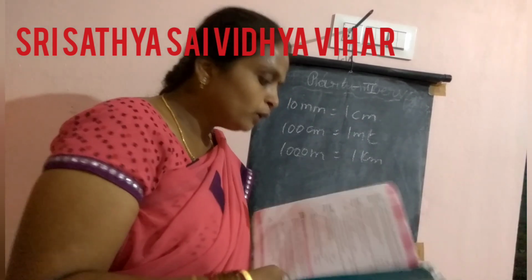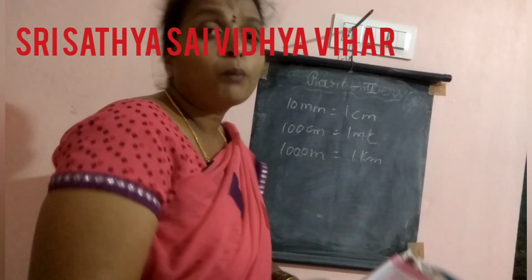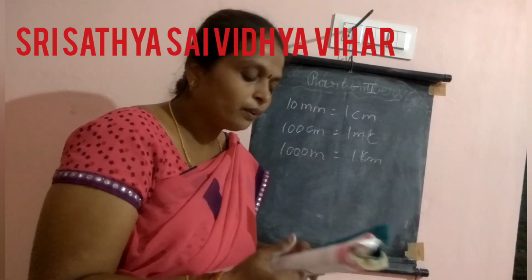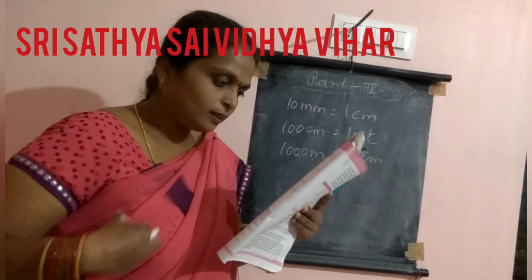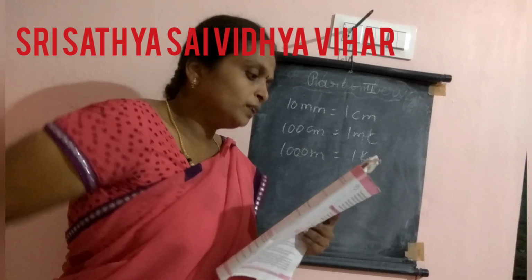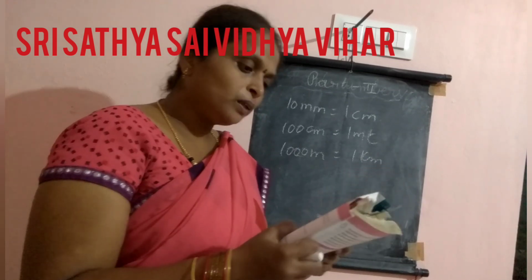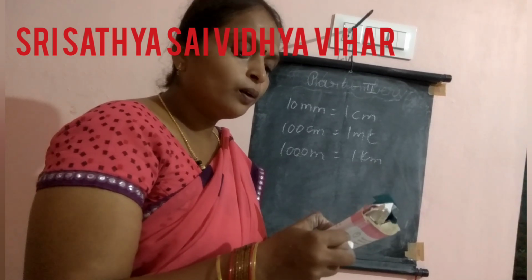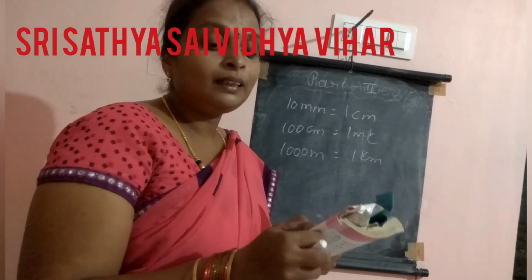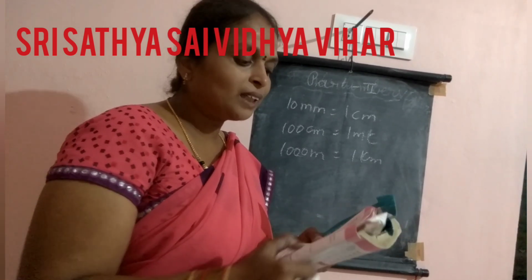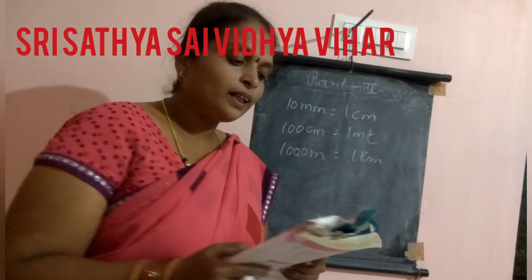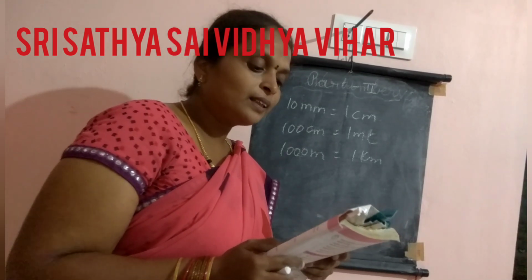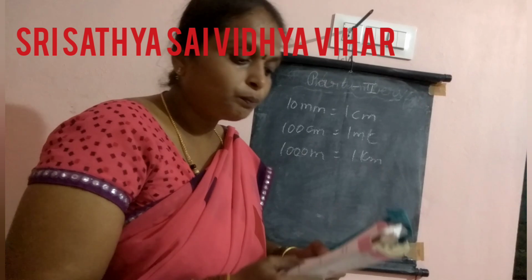For example, we can do some problems. Here some problems are given. See, I will read the questions here. Tendulkar is a famous cricket player. He has so far scored 15,030 runs in test matches and 18,111 runs in one-day cricket.